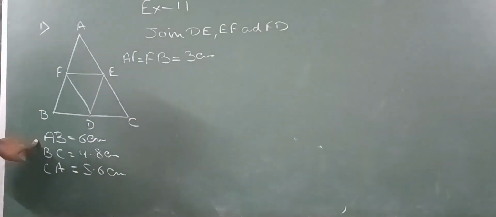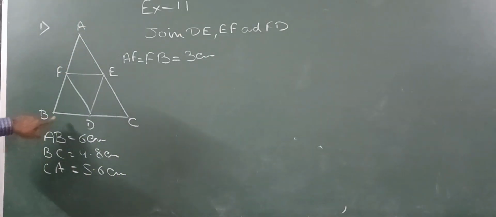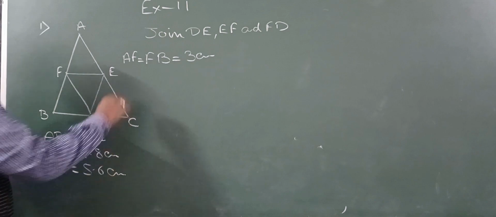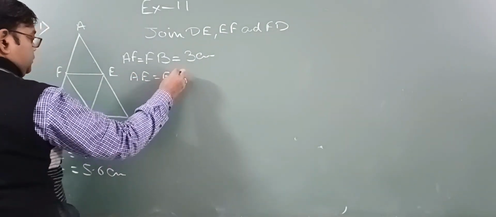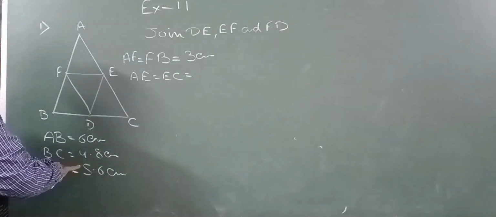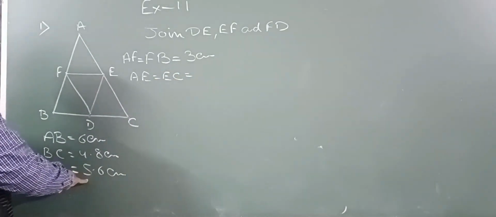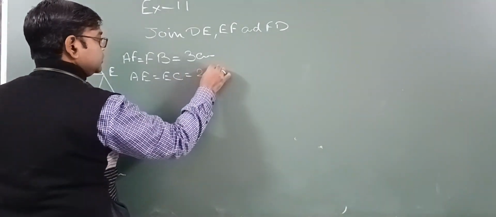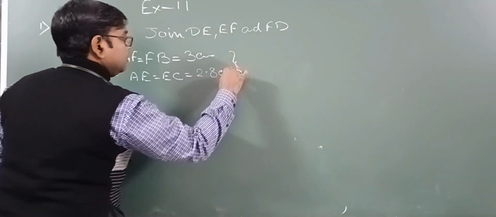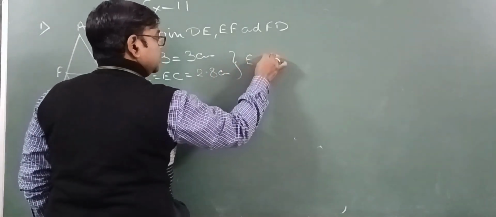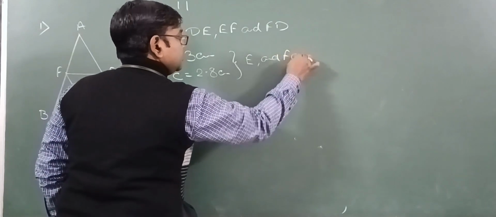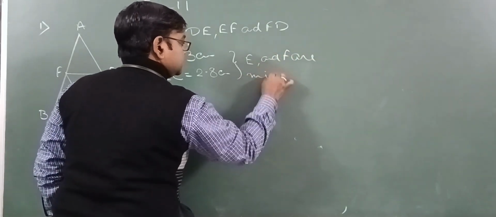Next, BC is given to you for the trapezium, it's 4.8 centimeter, and AE equals EC equals half of 5.6, which means 2.8 centimeter. Why? Because E and F are the midpoints.